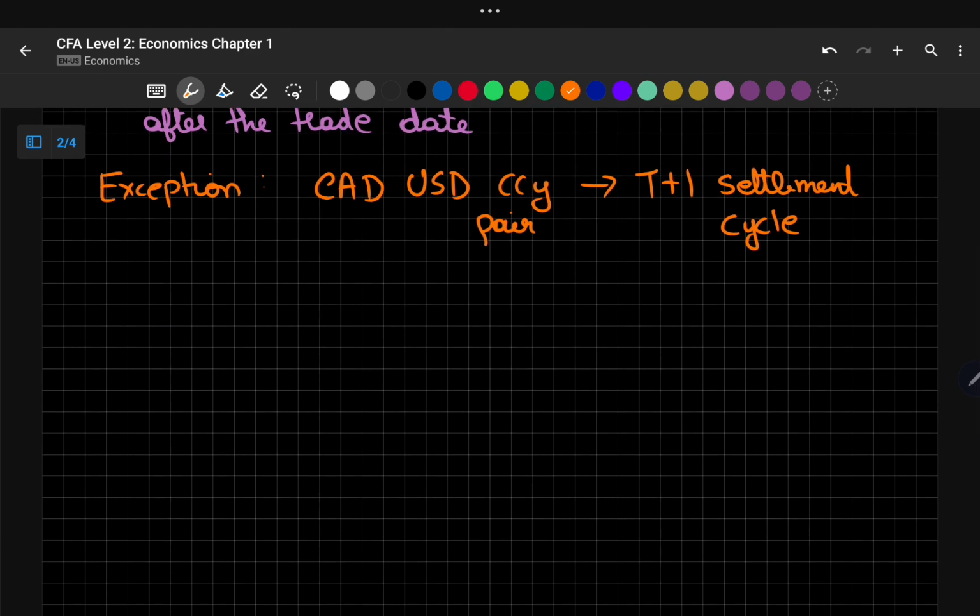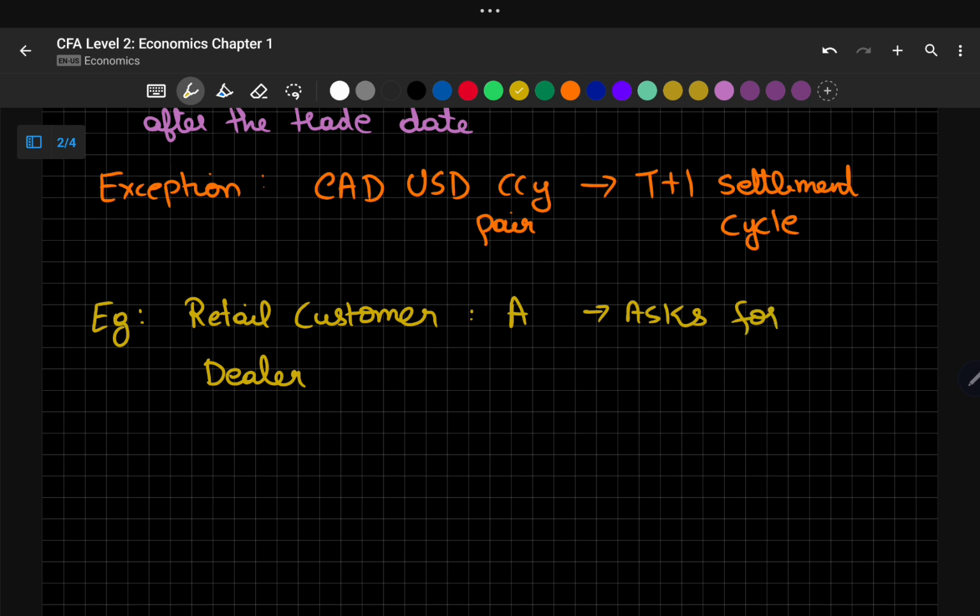Now we are going to take an example. A retail customer goes to a dealer and asks for a USD euro quote for trading. So the dealer quotes two prices.